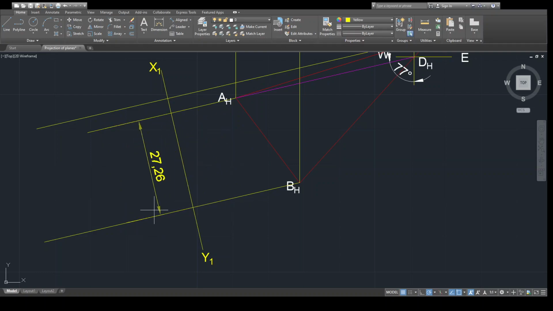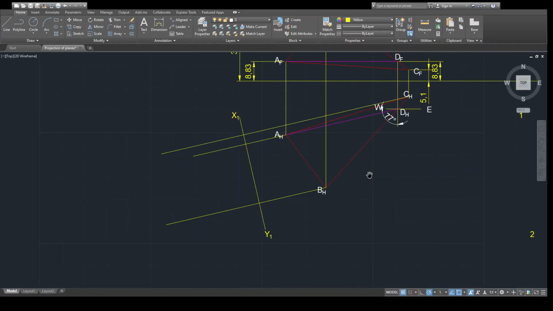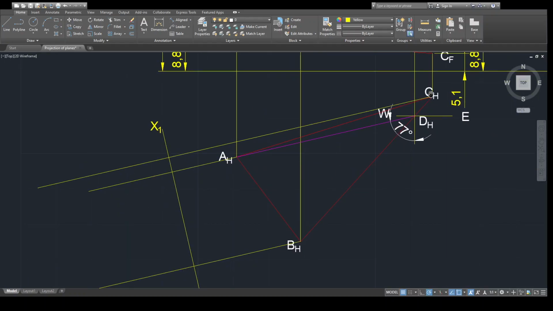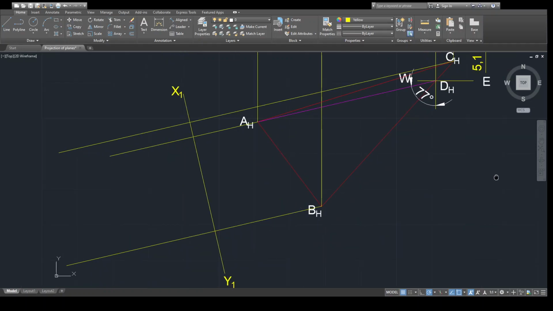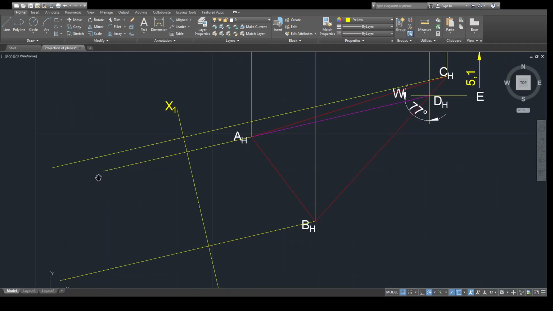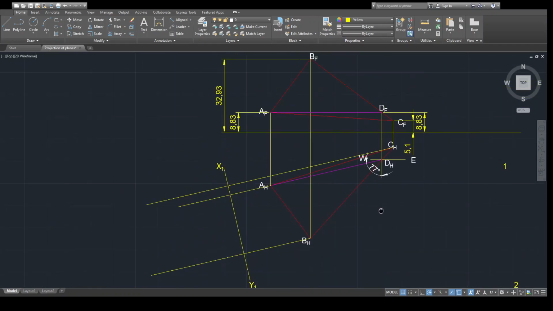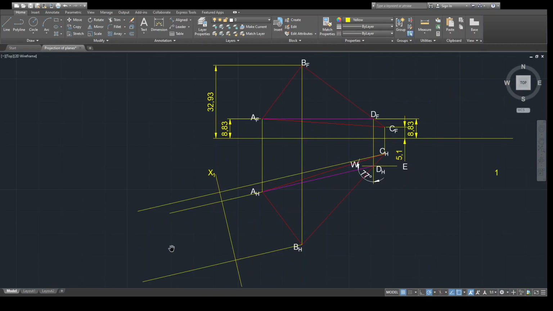If you want to measure the dimension, again you can measure it. 27.26 is constant, so it is a parallel line. So what we have done: we have drawn the projection from all the points CH and BH, and we had already extended the AHDH projection. Now this is view number 3, which is what we are drawing here.